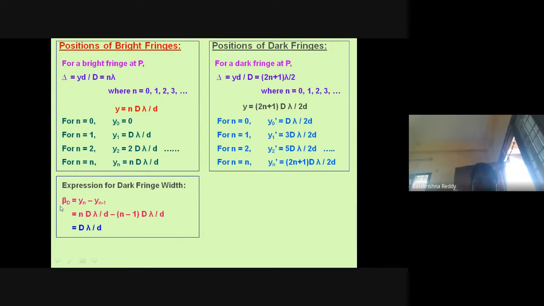Here you are seeing the fringe width formula. Beta is the symbol used for the fringe width. I have taken y_n, the nth position of the bright fringe, minus the (n minus 1)th position of the bright fringe.